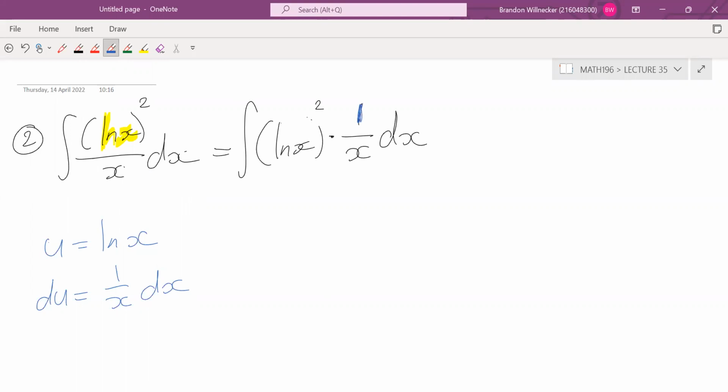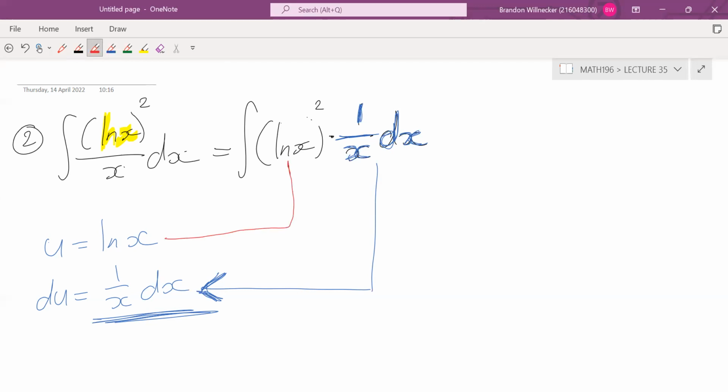But if I highlight that, this 1 over x dx, that part in blue there, that's this bit. In other words, that whole blue part, 1 over x dx, we can replace with du, because it looks exactly the same there. And then this natural log of x, we can replace with u.